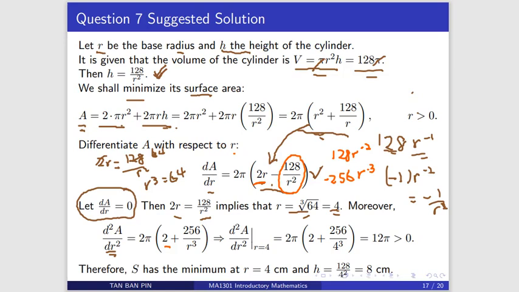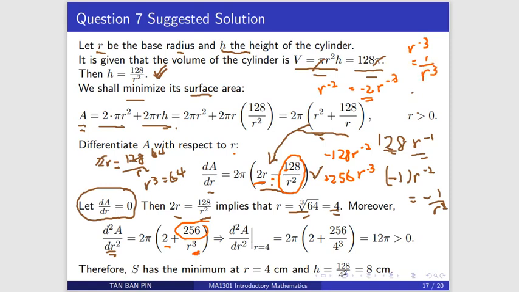Then there's another minus, so it becomes plus 256 over r cubed.